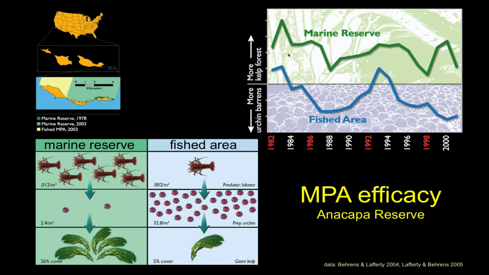Other years are different. But even with that background variation, we see that abundances in the reserve system generally outperform those in the fished area. So that says that, hey, these reserves can work.